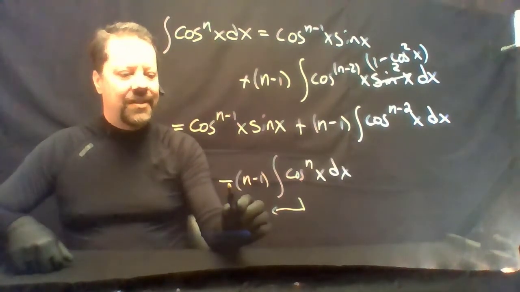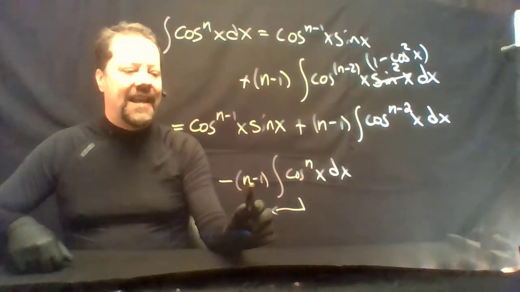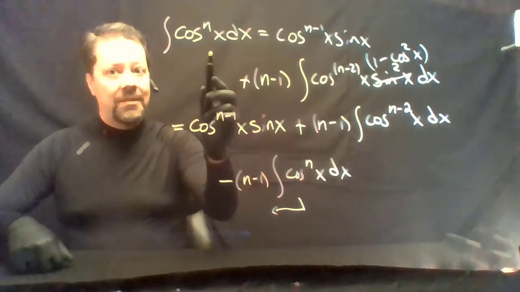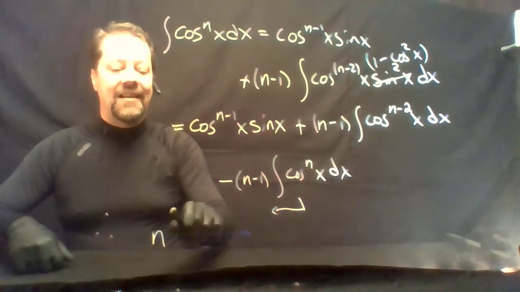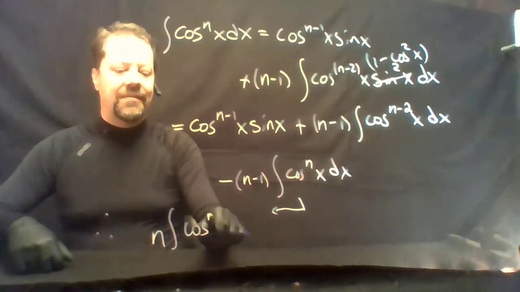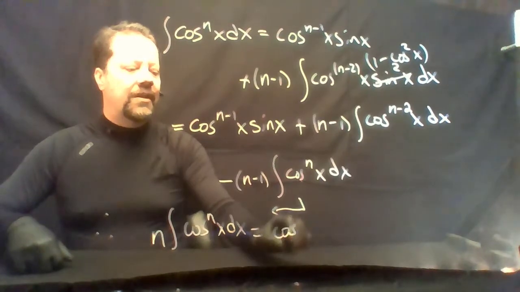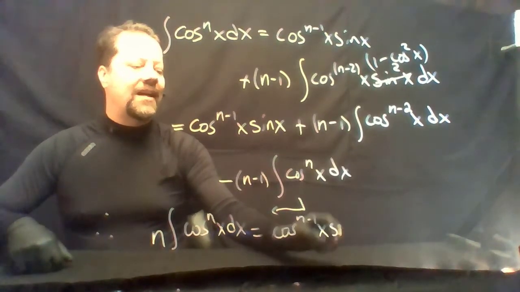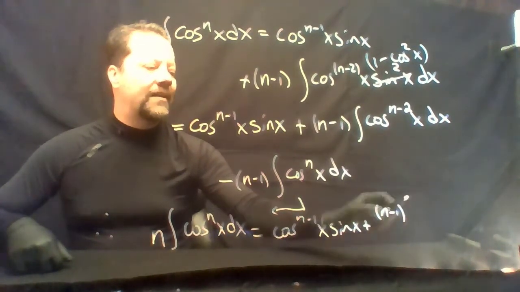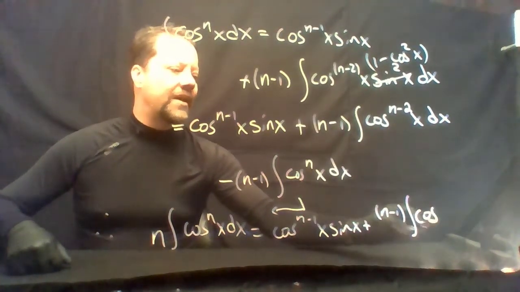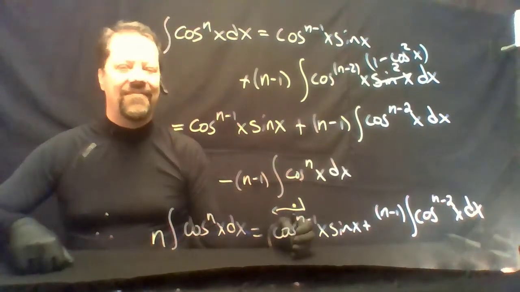If I take this to the other side, the minus becomes a plus. We'll have n minus 1 of the integrals plus 1 of the integrals. It follows that we have n of these integrals equal to cosine to the n minus 1 x sine x plus n minus 1 times the integral of cosine to the n minus 2 x dx.